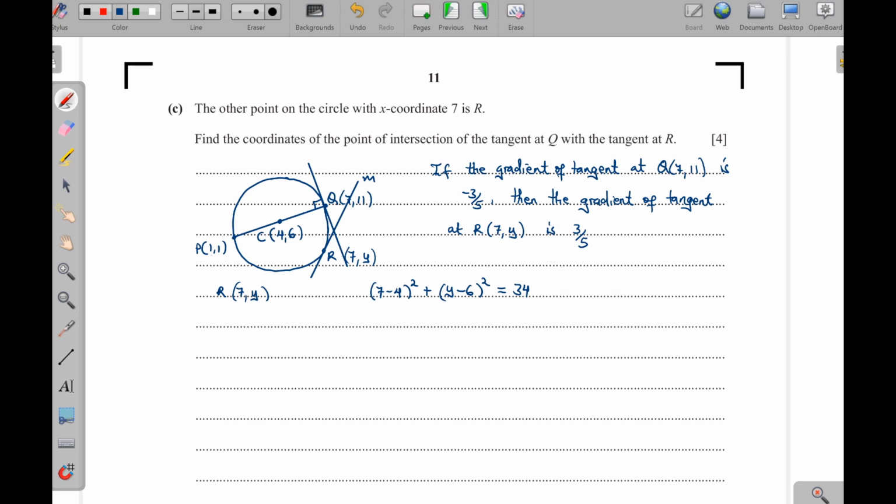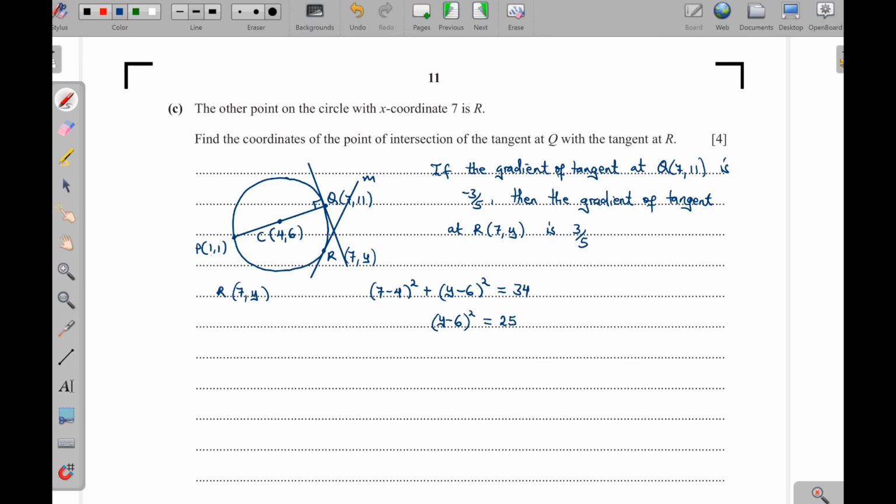So we find the value of y. This one is what? 3 squared, that's a 9. So the 9 now crosses this side. We shall have (y minus 6) squared, which is equal to 34 minus 9. I think that is 25.